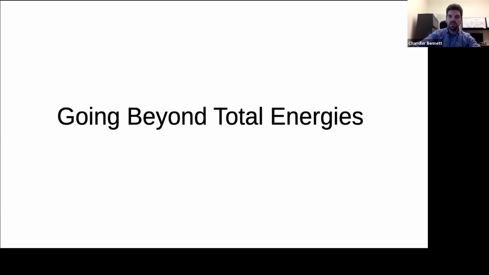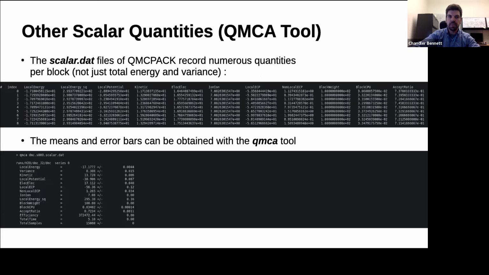Okay, so let's jump into the quantities that QMCPACK can access beyond just total energies. I want to first point out that in some of your labs, you already have access to quantities beyond the total energy and the variance.